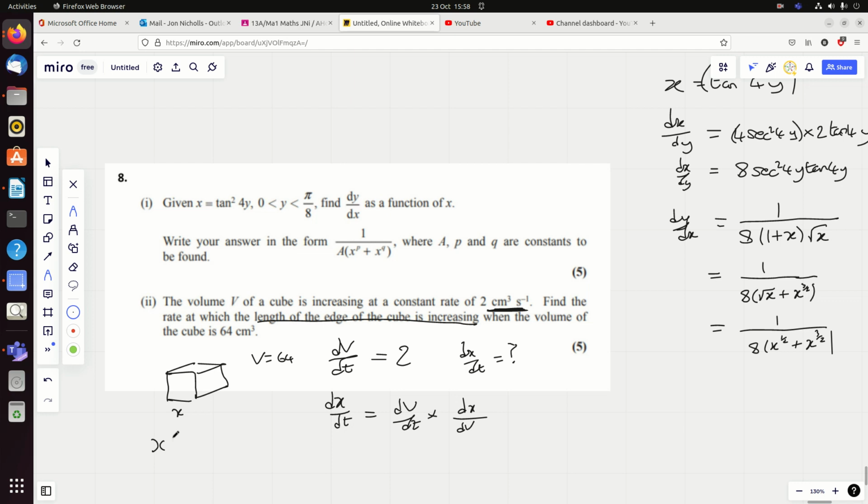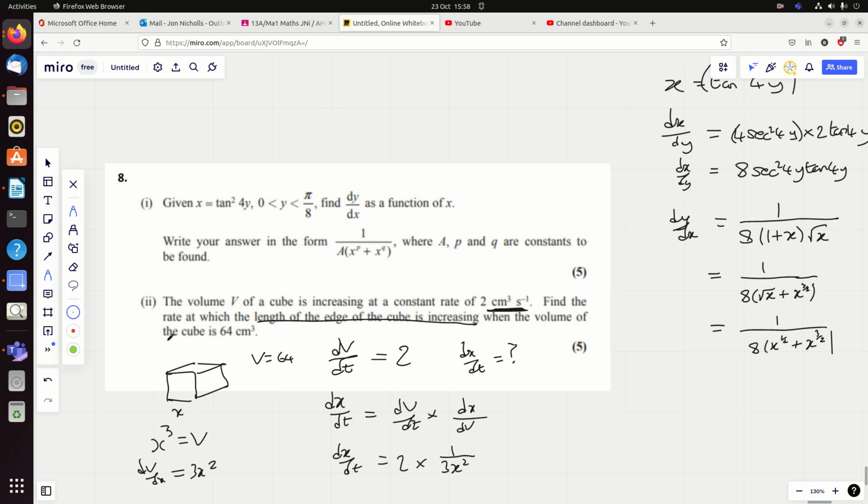There's a really easy connection between x and V here, because x cubed is V, because that's how you work out the volume of a cube. So dV by dx is 3x squared, and so dx by dV is 1 over 3x squared. So dx by dt is going to be the rate of volume change with respect to time, which is 2, and then 1 over 3x squared.